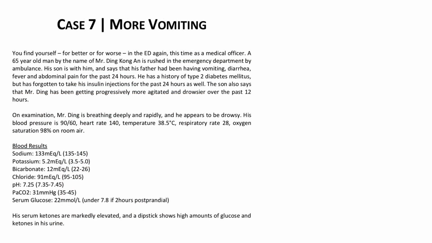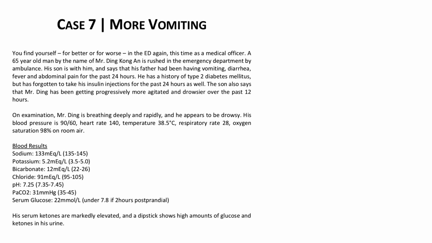Now we go to the case. Can you summarize the case for us? Tell me the important history. A 65-year-old man has been vomiting, with diarrhea, fever, and abdominal pain for the past 24 hours.